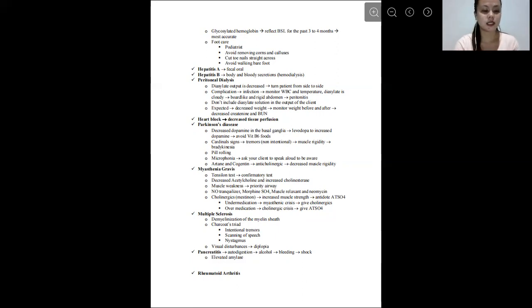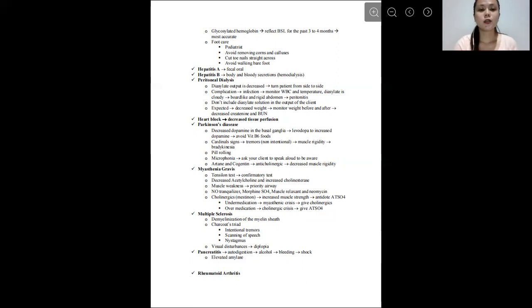So Parkinson's disease. What is Parkinson's disease? This is a brain disorder that leads to shaking, stiffness, and difficulty with walking, balancing, and coordination.